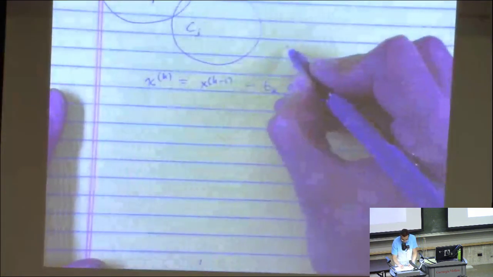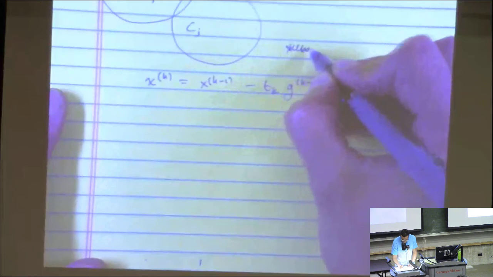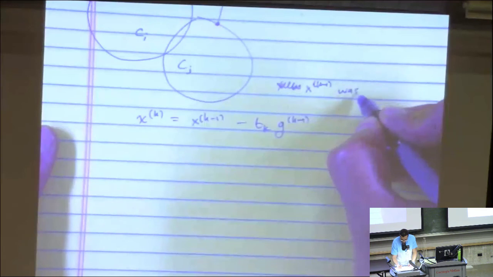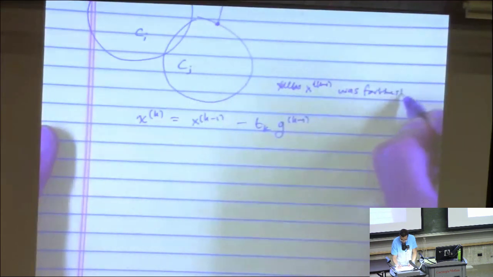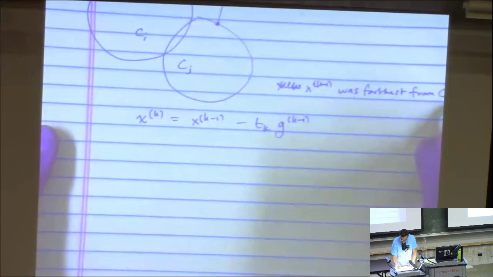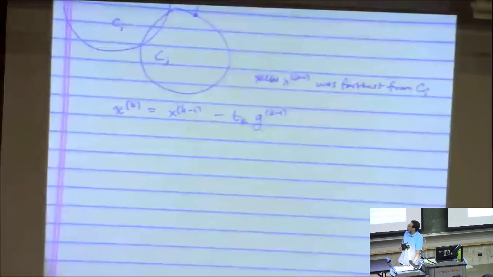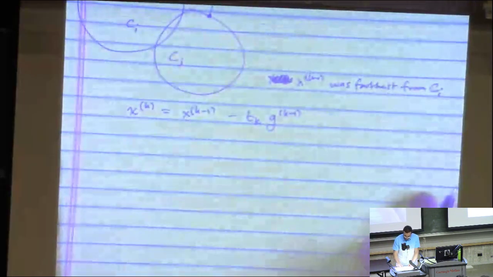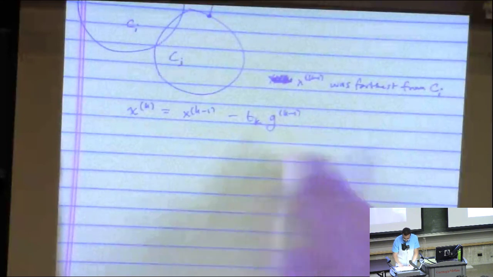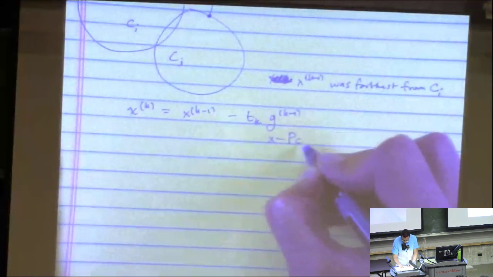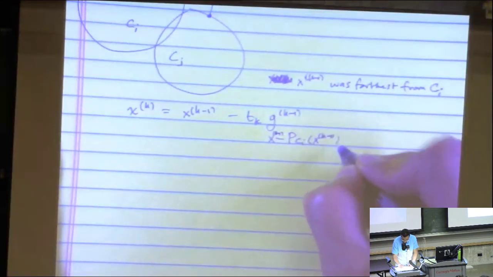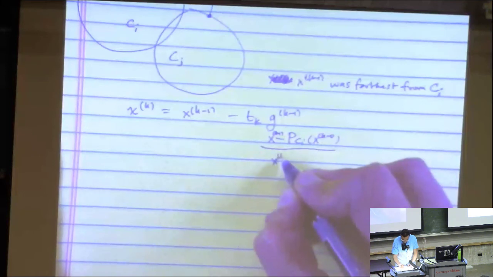So what would this look like? Let's say x_{k-1} was farthest from C_i. So I found the set that it was farthest from, and I now use as my choice of subgradient x_{k-1} minus its projection onto C_i, divided by its norm.